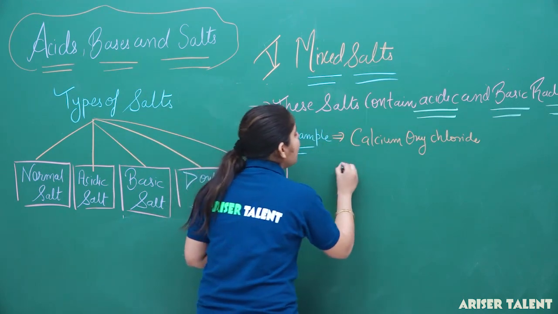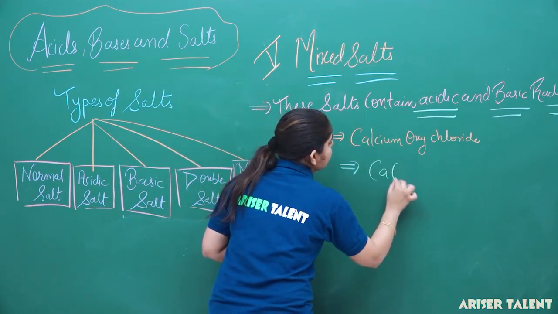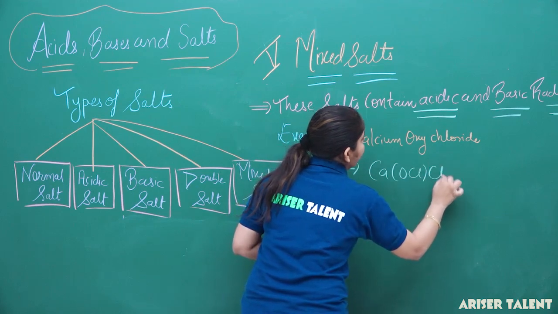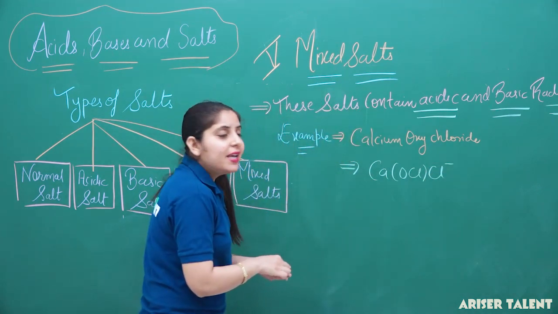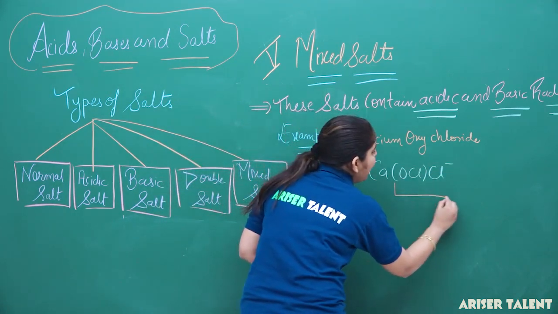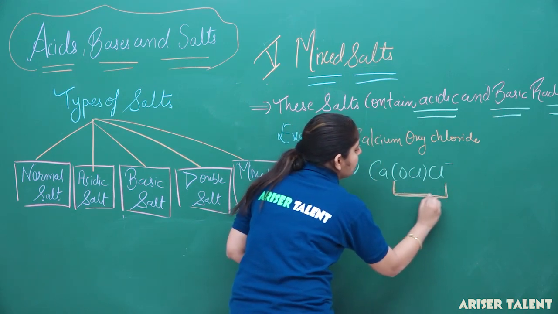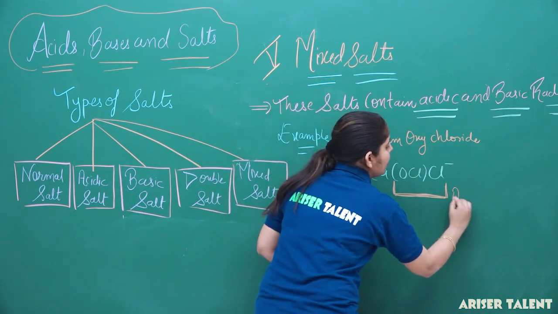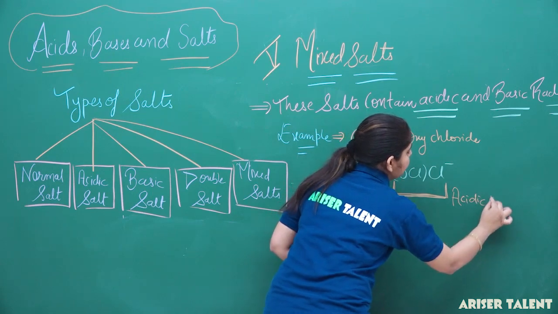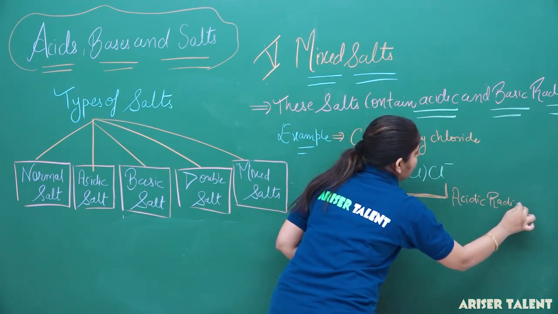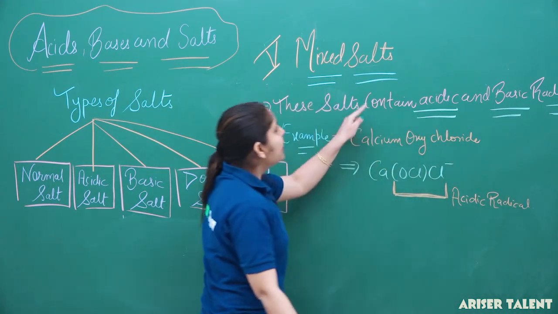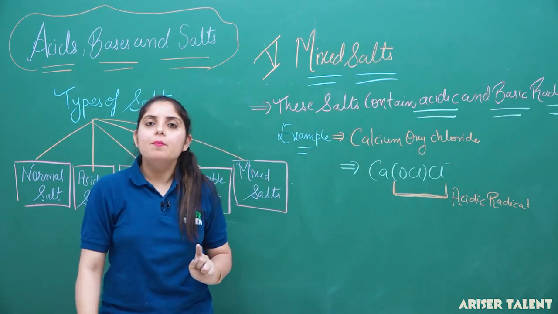Now the formula for the calcium oxychloride will be CaOCl negative. So you can see here there are two acidic ions present. These are two acidic radicals. So we can categorize it in the category of the mixed salt.